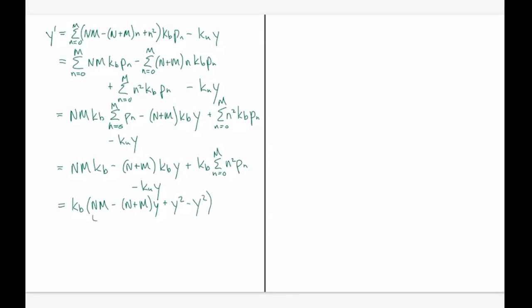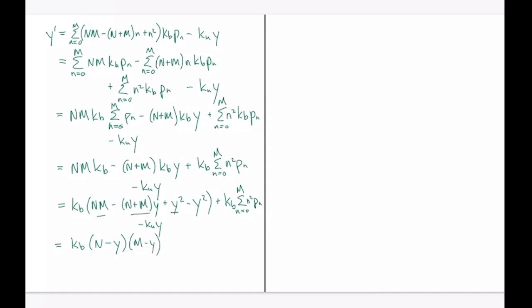And now this part of it is a product of two terms that kind of look like the product that we had earlier. And then we have some extra stuff, plus kb sum from n equals 0 to m of n squared p sub n minus kuy. And now what we can do is write this first term as n minus y times m minus y.